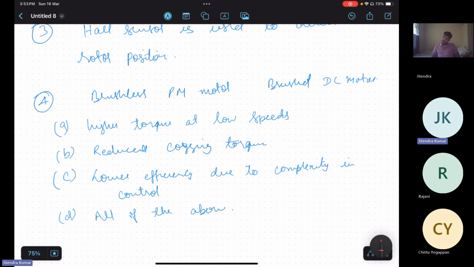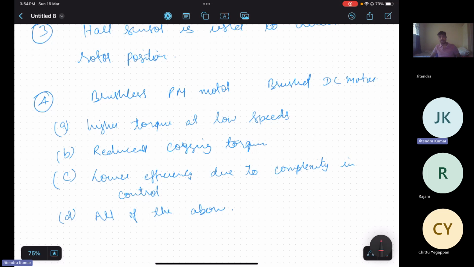What about lower clogging torque? How is it lower compared to the conventional brushed DC machine? Basically, in a brushed motor, what happens? Commutation happens.